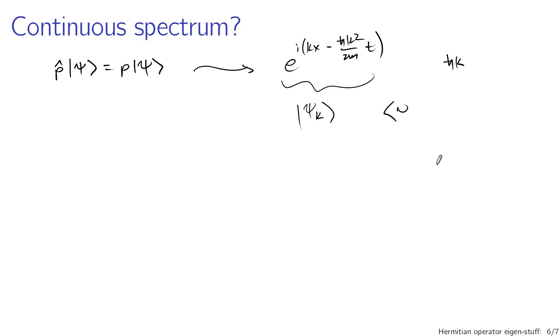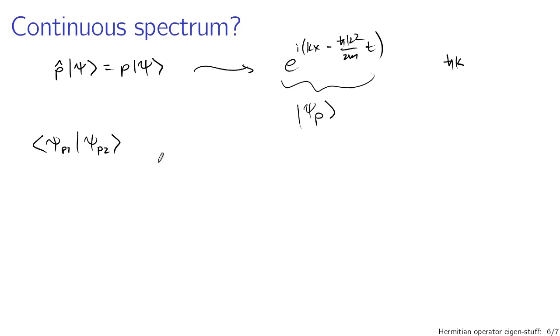Well, if I have two different values of k, let me express this in terms of momentum instead. So I'll write this as psi sub p. If you consider, say, psi p1 inner product with psi p2, what does the orthogonality or normalization actually look like?